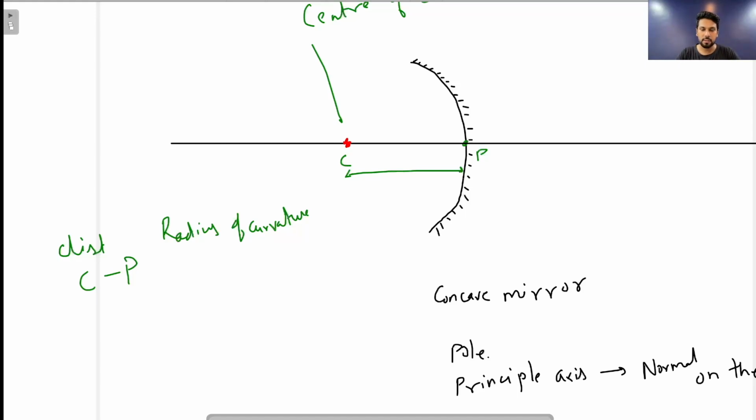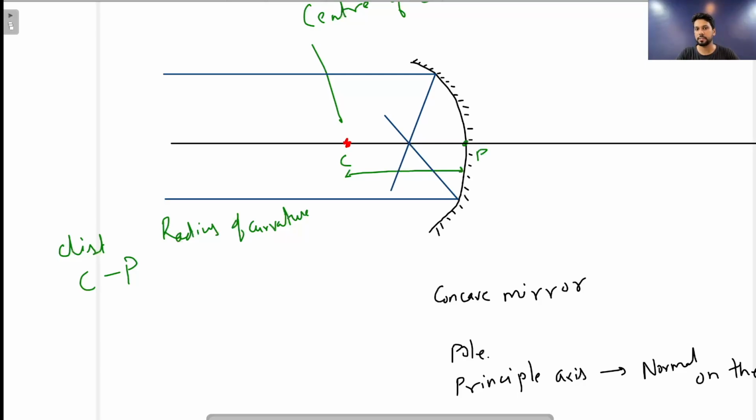When a parallel beam of light falls on the mirror, remember it should be parallel, it passes through a certain point on the principal axis, not anywhere outside that.